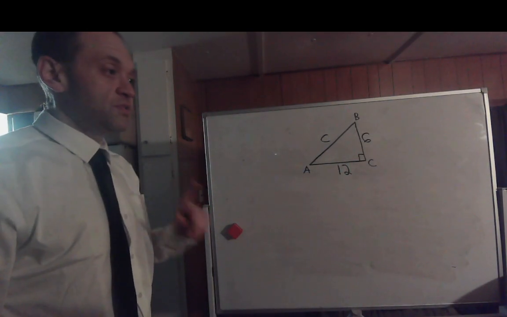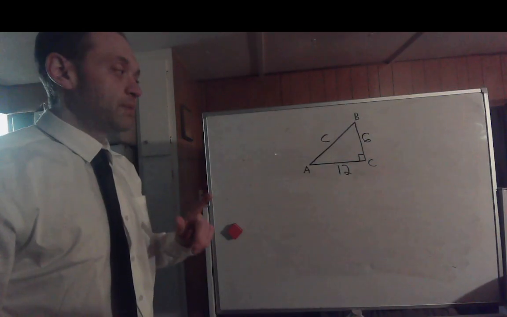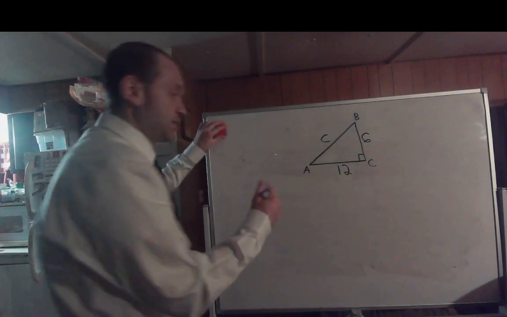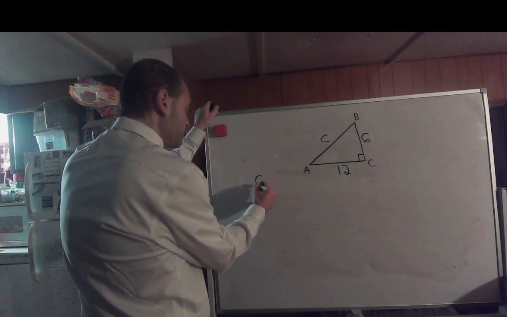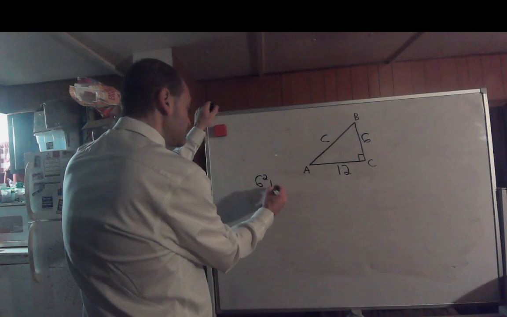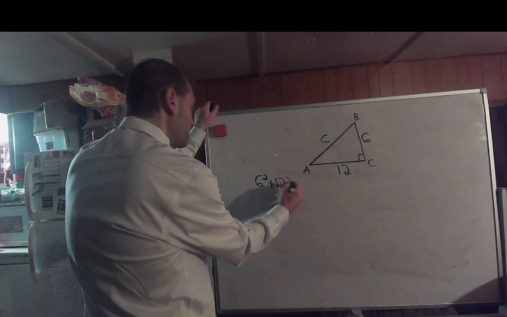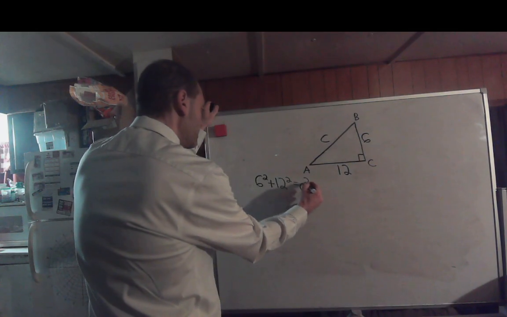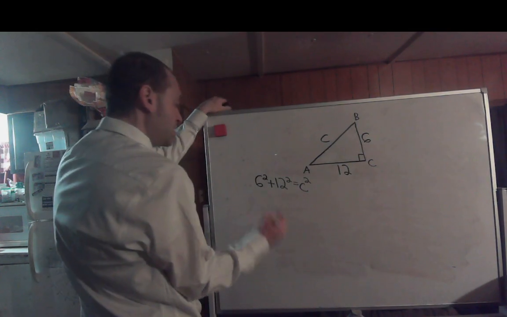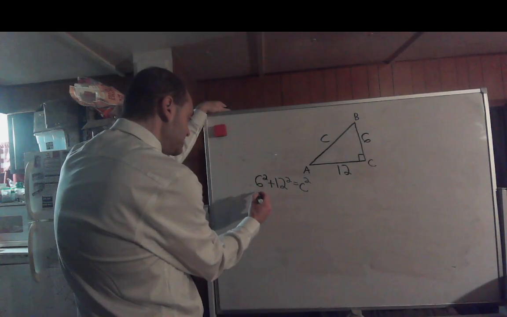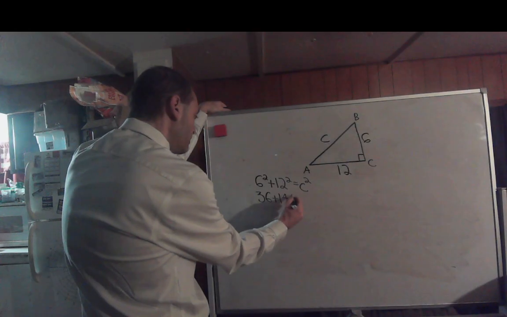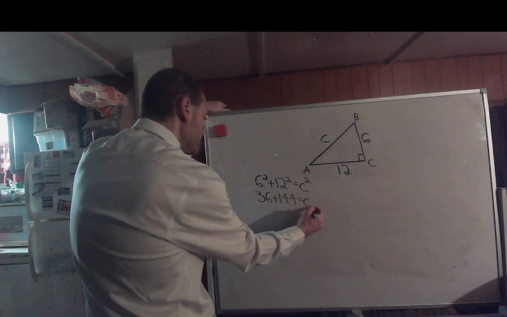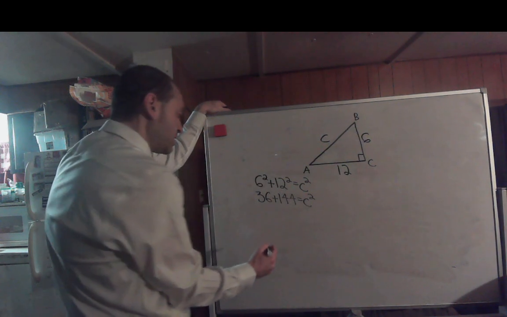If you're given two sides, the first thing you probably want to do is use the Pythagorean theorem to solve for the missing side. So you'll take 6 squared plus 12 squared equals C squared. And then, let's see, this would turn into 36 plus 144 equals C squared.